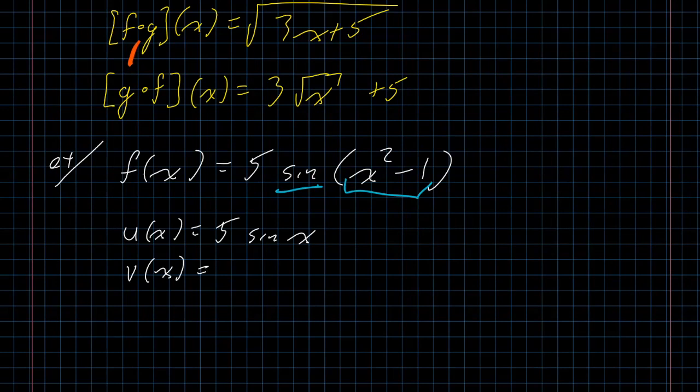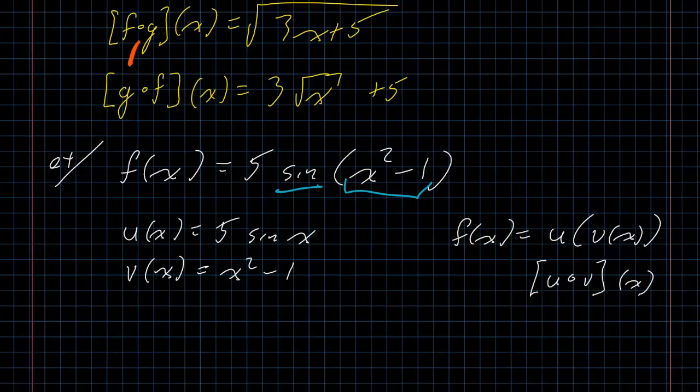My v of x is x squared minus 1, and I have that f of x is u of v of x. Or if I want to write it more formally, this is u composed with v evaluated at x, but the notation is not that important to me, either way you want to write it.